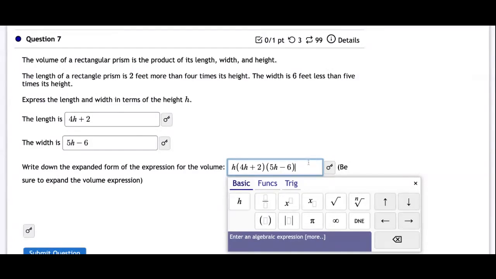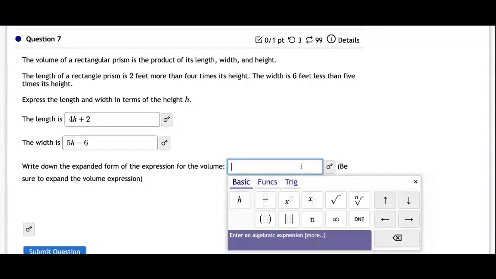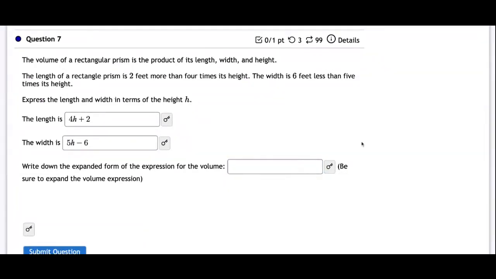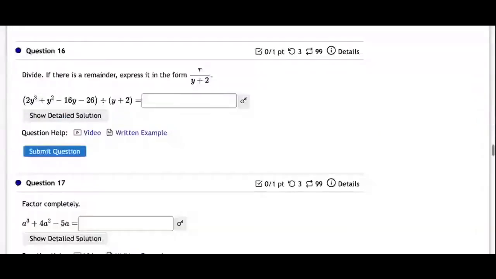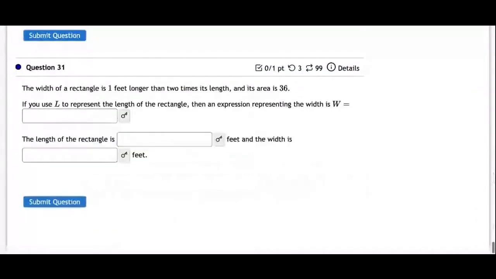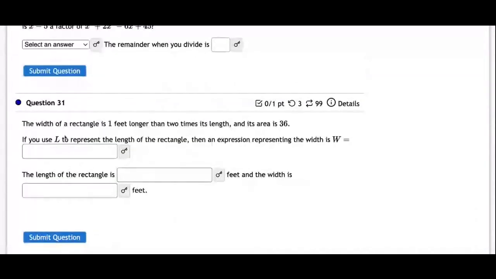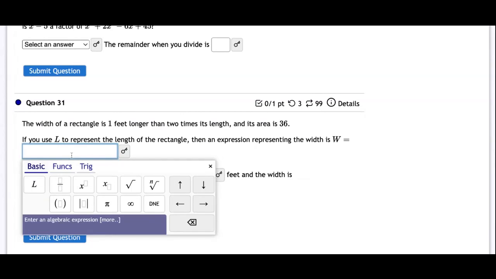Did you even try yourself? It's always good to try yourself first. The width of a rectangle is 1 foot longer than 2 times its length, right? So if we use L to represent its length, so that's L. So the width is 1 foot longer, so 2L plus 1.